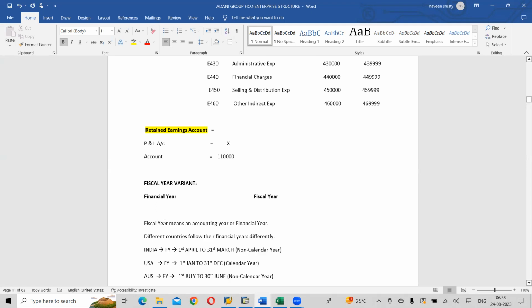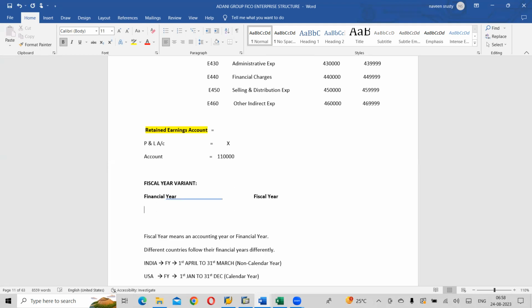What is the current financial year? India current, 23-24. I'm talking about the Indian financial year: 1st April 2023 to 31st March 2024, correct?